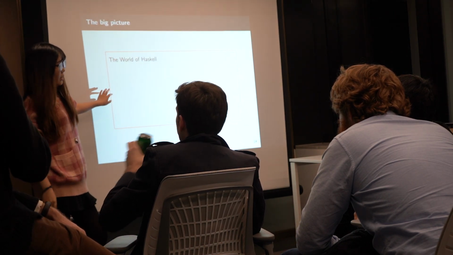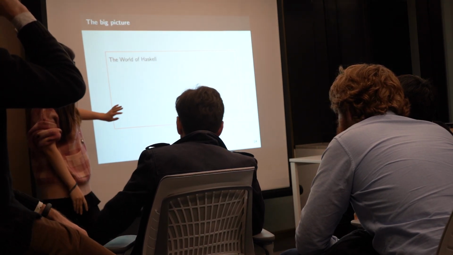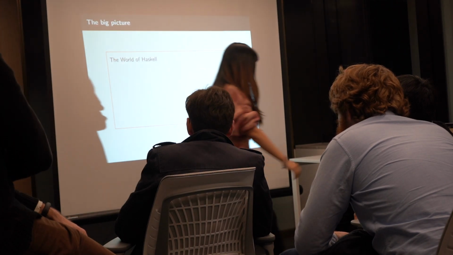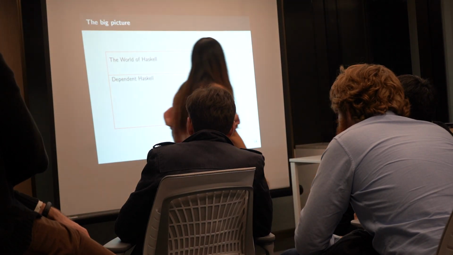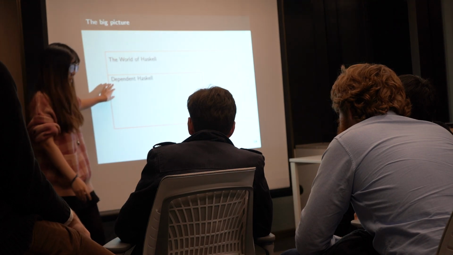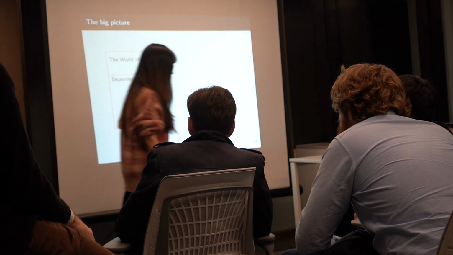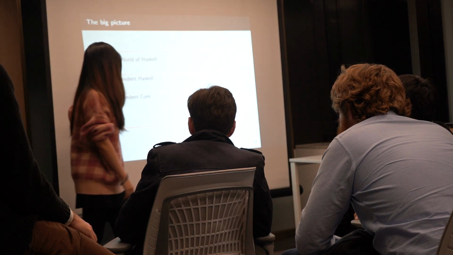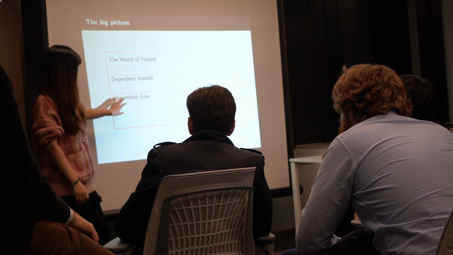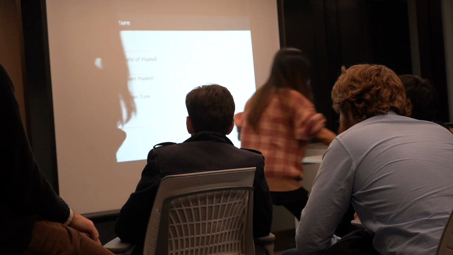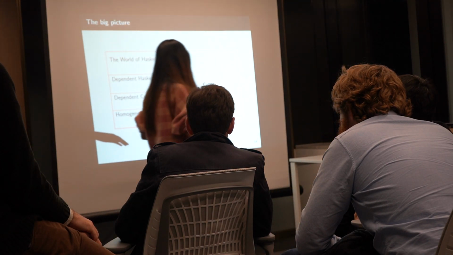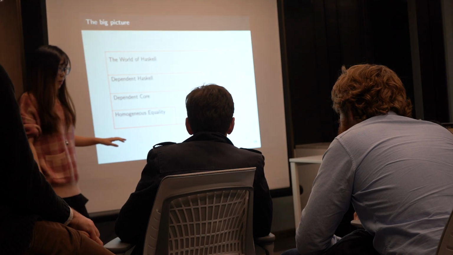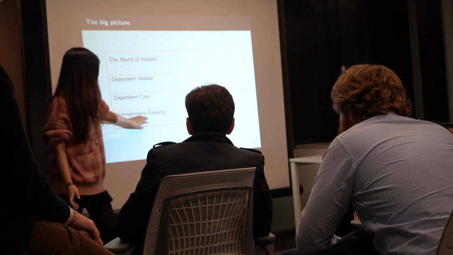So for example, this is the world of Haskell, everything you want from Haskell. And now we want some part of it to be dependent Haskell. As a first step towards dependent Haskell, as I just mentioned, we want the dependent core. So we want the core language of Haskell to be dependently typed first. And because of the meta theory of dependent core, it turns out we want homogeneous equalities.